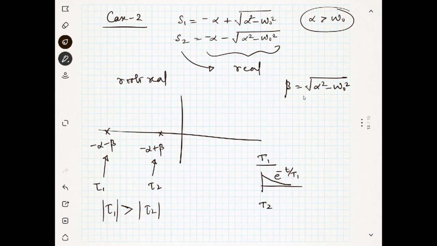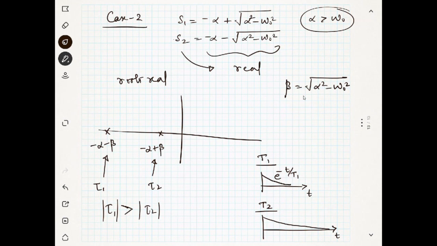Now if you have t2, and if t2 is very high, then what will be the response? Will it be slow or fast? It will take more time to decay. It will be very slow. The less one will dominate.